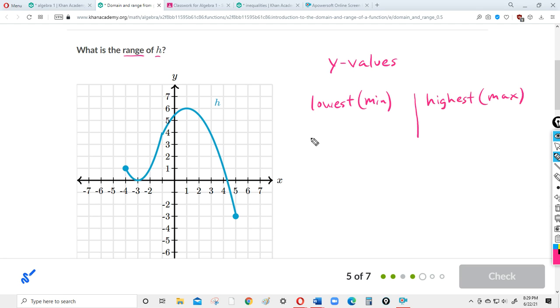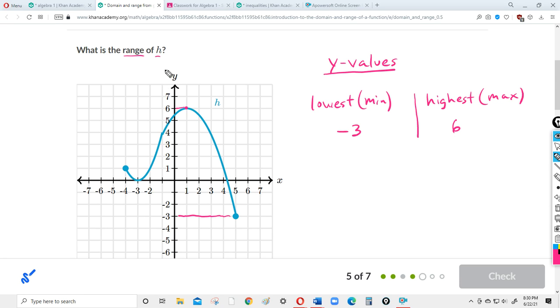Okay, and the lowest point is this one right here, and the y value is -3. Now the highest point is right here, and the y value is +6.